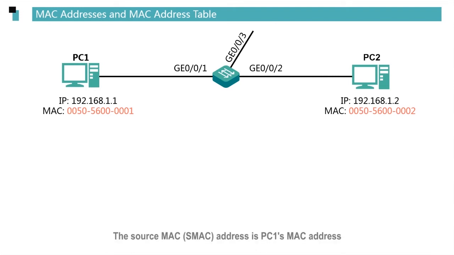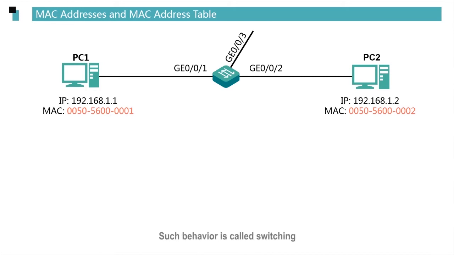The source MAC SMAC address is PC1's MAC address 0050-5600-0001, and the destination MAC DMAC address is PC2's MAC address 0050-5600-0002.